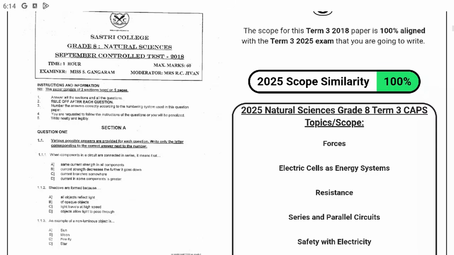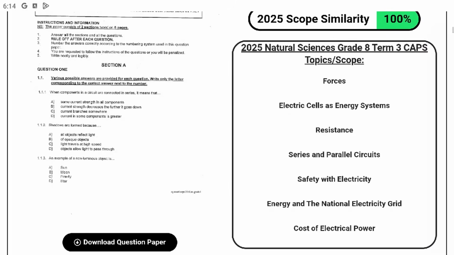So the scope is 100% similar, and being able to answer questions on this question paper will allow you to answer the questions on the term 3 2025 exam that you guys are going to write.